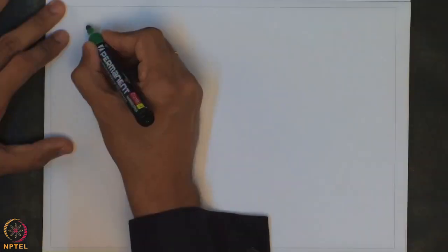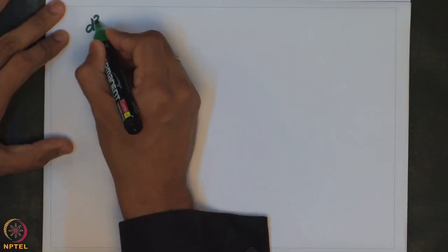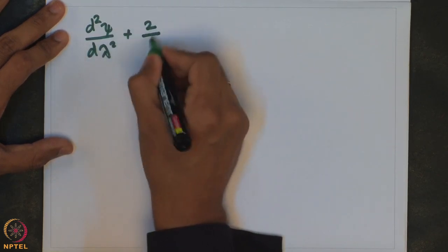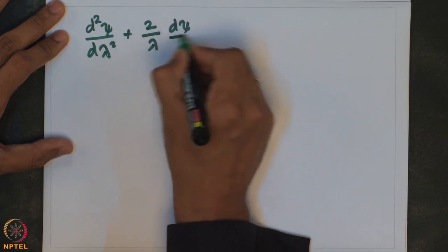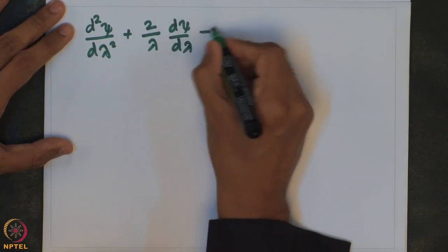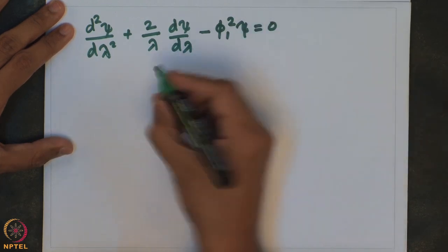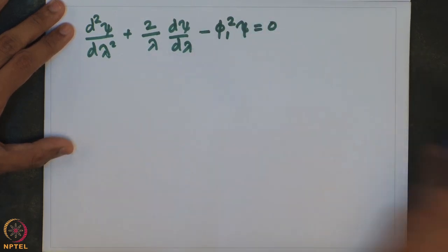So, the dimensionless model equation that captures the diffusion and reaction process is d square psi by d lambda square plus 2 by lambda into d psi by d lambda minus phi 1 square psi equal to 0, and we introduce these dimensionless quantities.